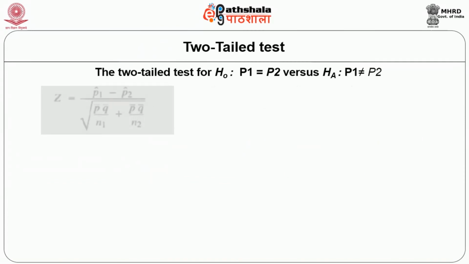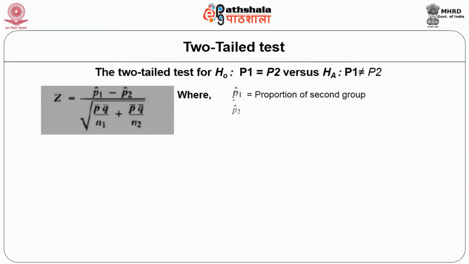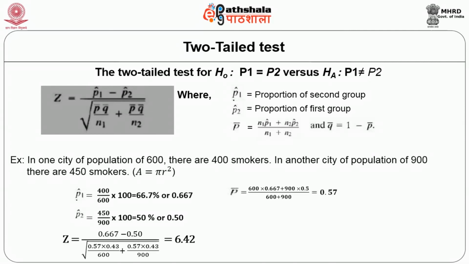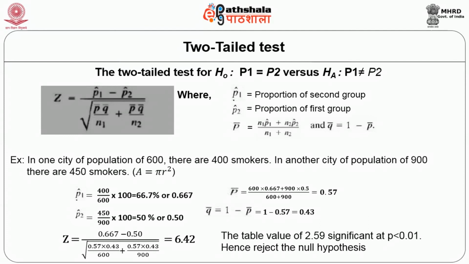Also, there is a need for two proportion tests. Every time we will not confine ourselves to the one sample proportion, and sometimes we do two experiments and get the proportion of the first experiment and the proportion of the second experiment. We want to see whether those two proportions are statistically significantly different or not.